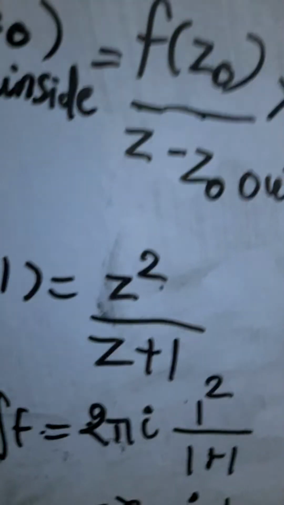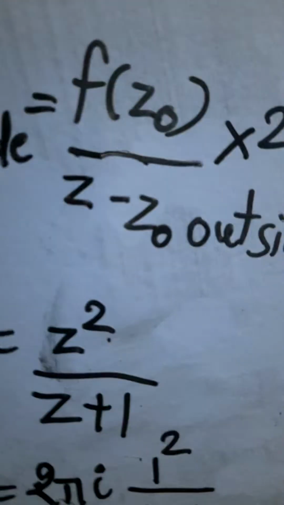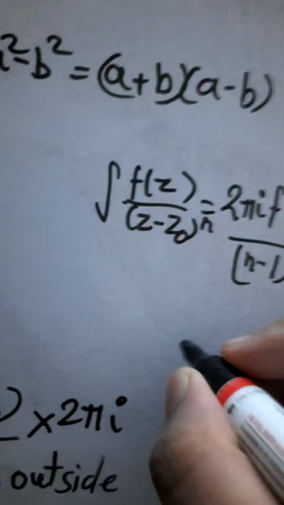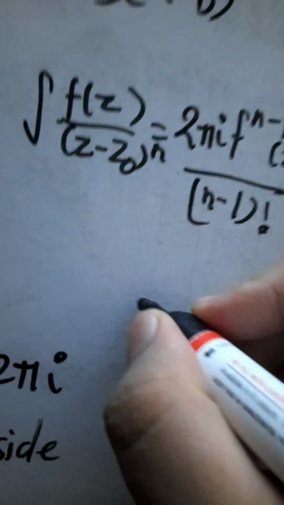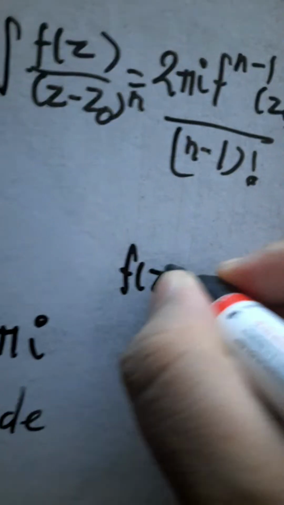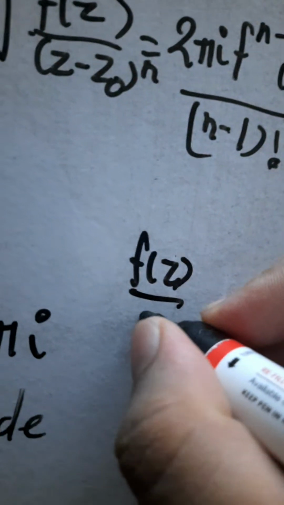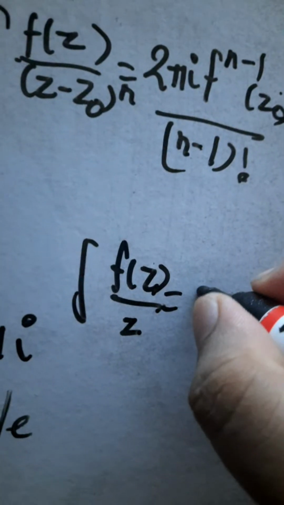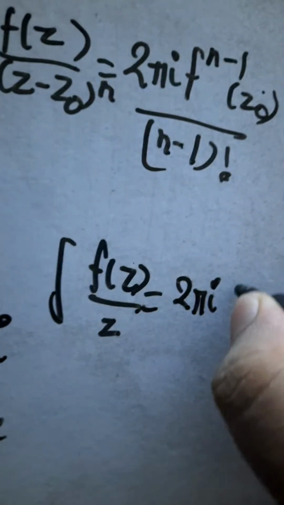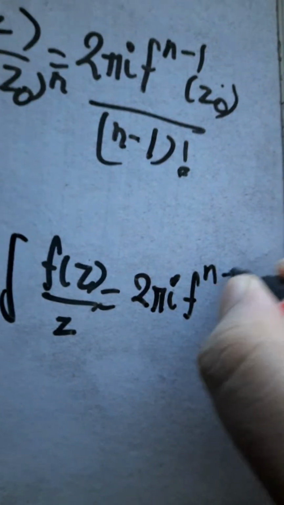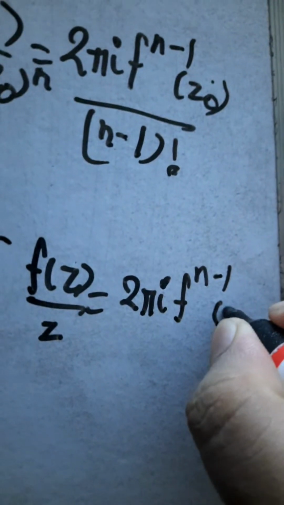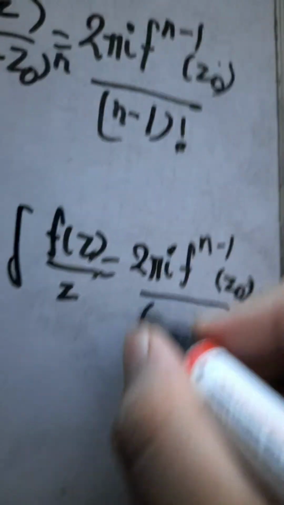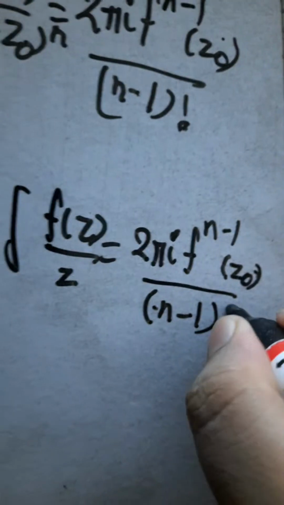Now we would take z by z minus 1 whole square. This is a different thing, so we would do this separately. So now f of z equals z, since below there is nothing, so we would take 2 pi I f raised to n minus 1 of z naught by n minus 1 factorial.